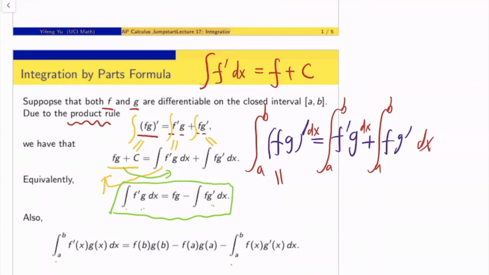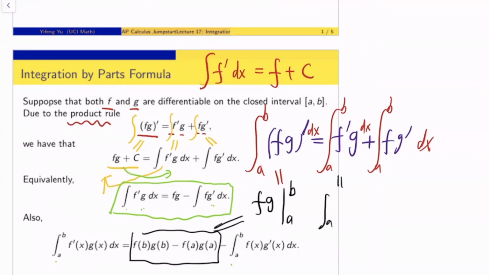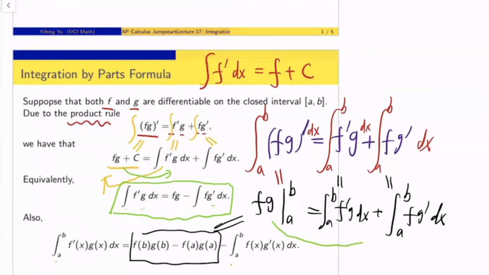So it's just fg evaluated at the two endpoints, taking the difference. And the right side is the integral from a to b of f'g dx plus the integral from a to b of fg' dx. Now you move this one to the left, and this is the form of integration by parts for definite integrals.